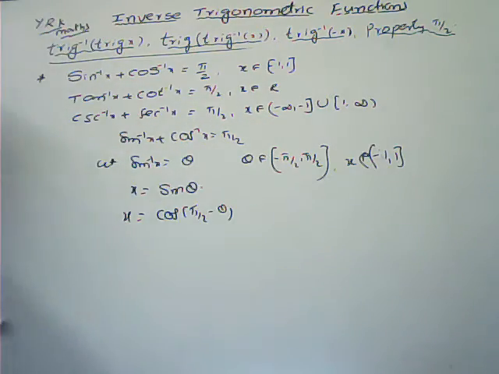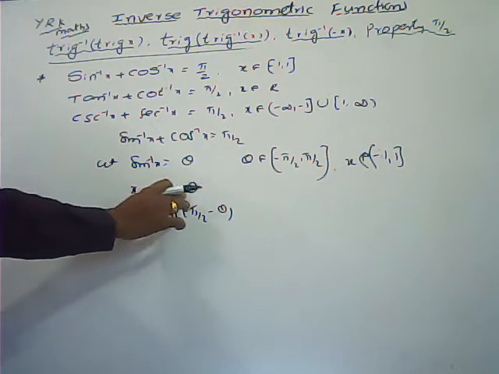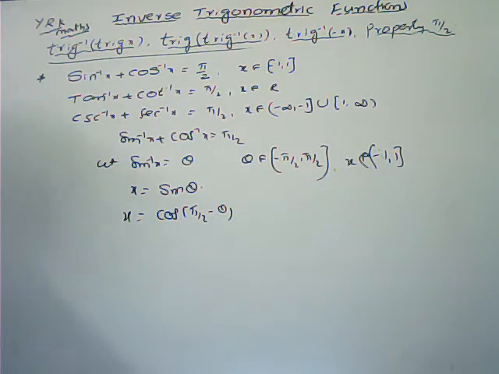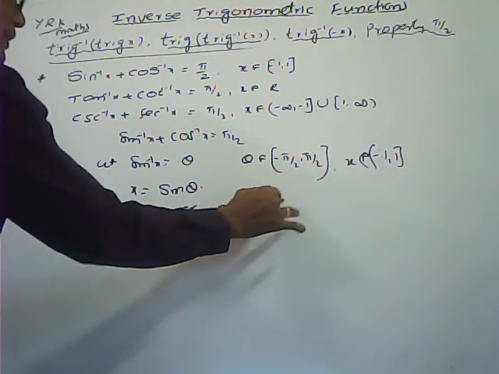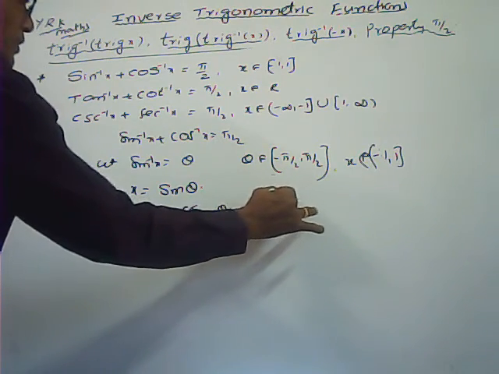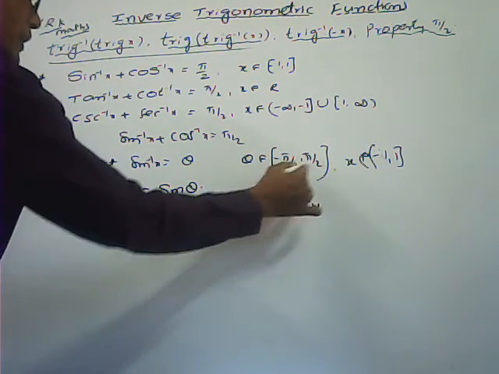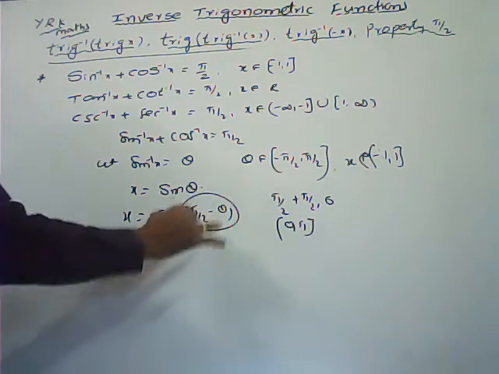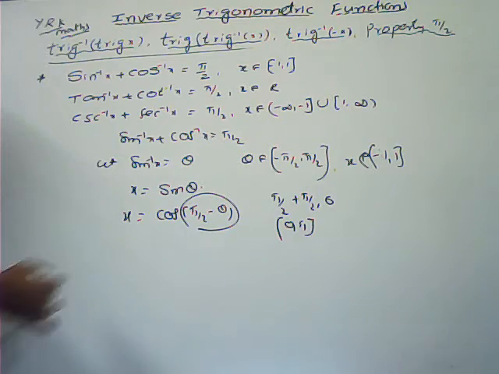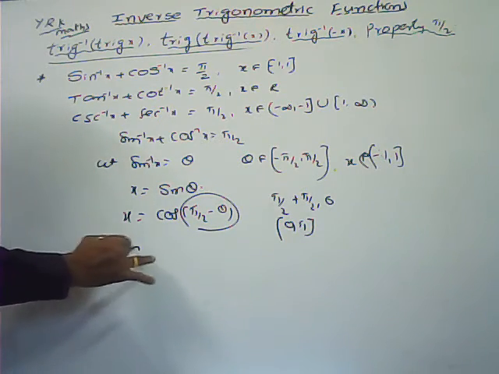Now here you can see x equals sin theta, which we can write as cos of 90 minus theta. And what about 90 minus theta? 90 minus of minus pi by 2 is plus pi by 2, and 90 minus 90 is 0. So 90 minus theta belongs to 0 to pi. Then we can write this as cos inverse x.